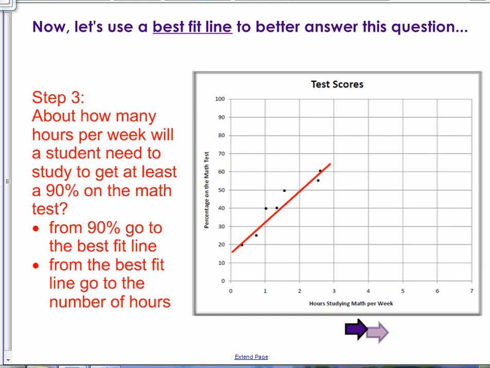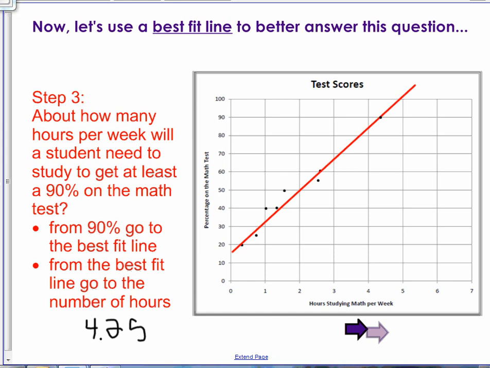If we extended our best fit line and looked at 90%, how many hours per week would they have to study? I would say about 4.25 hours.